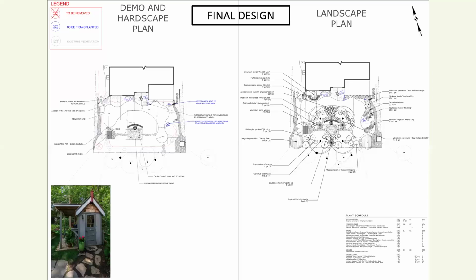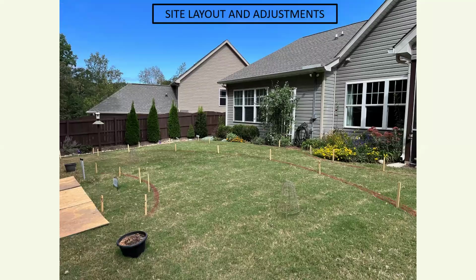The left side is more of the hardscape layout before the planting is applied, so that when we get out on site, we know exactly how things lay out and what the structure is. There is usually a demo and removal plan as well, because there are a lot of things that we want to transplant and save. They're a great plant, but they're just not in the right place for the ultimate goal of the design. And so then we did the next step, which is lay it out on site.